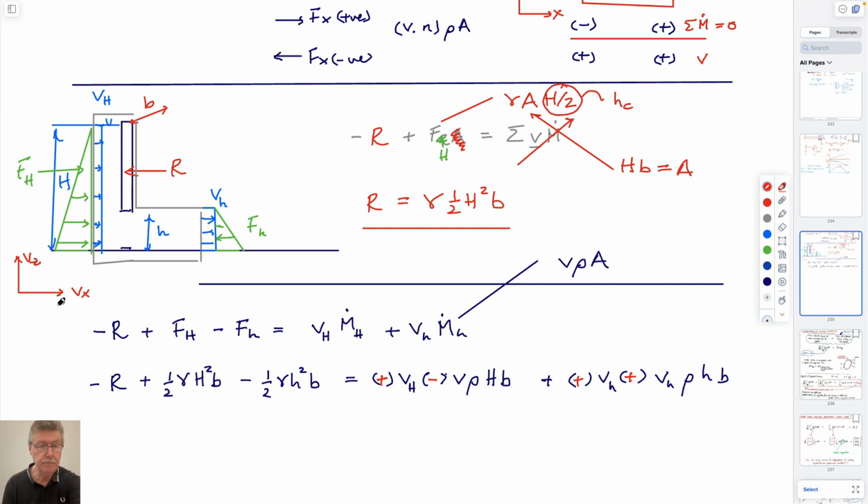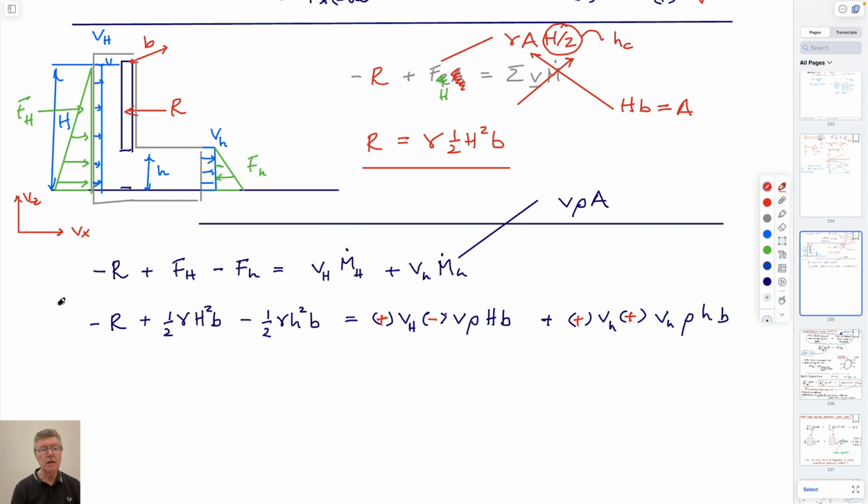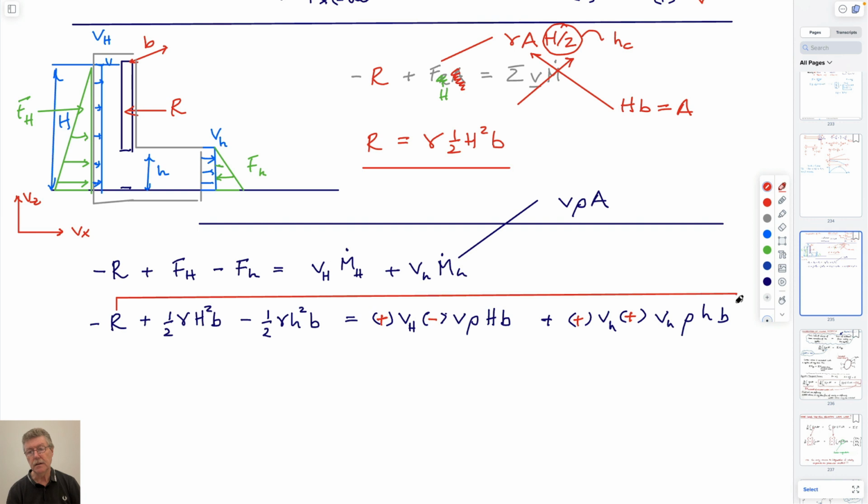And so, if we wanted to get from that, I'll take the R over to the other side, and so this will be equal to, I'm just going to move this over here because that solves the sign problem. Not very good with signs. So I'm going to keep this, a half gamma b, I suppose, h squared minus h squared, I think.